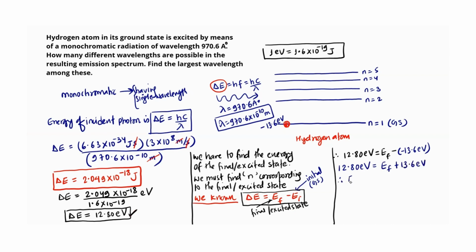Therefore, we can write EF equals 12.80 electron volt minus 13.6 electron volt. So EF equals minus 0.79 electron volt.